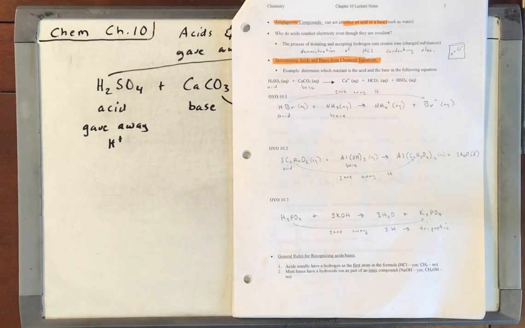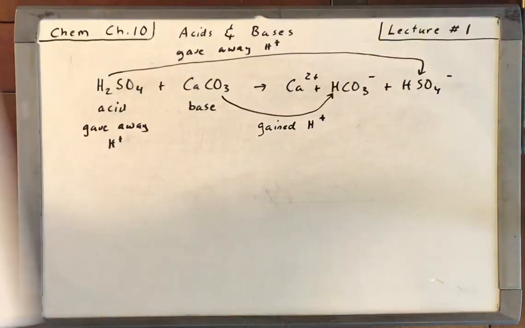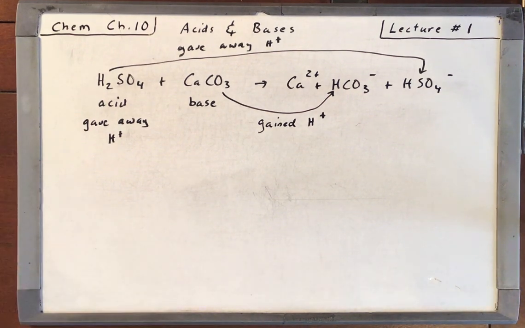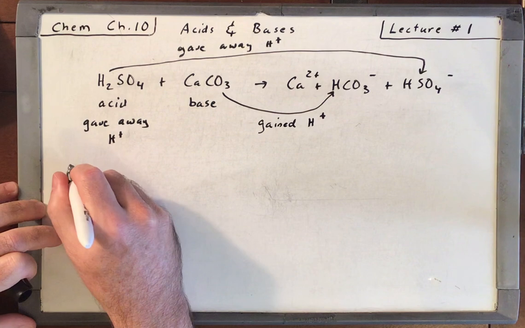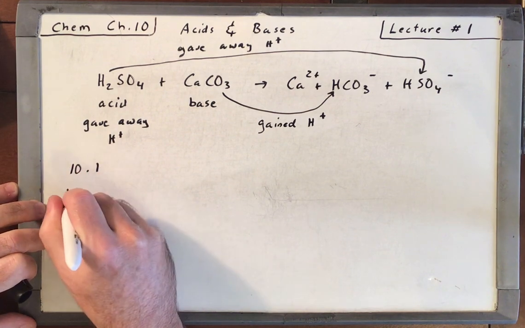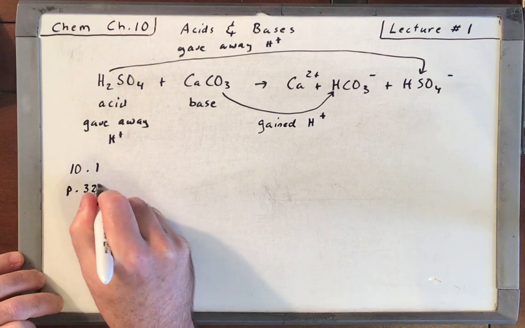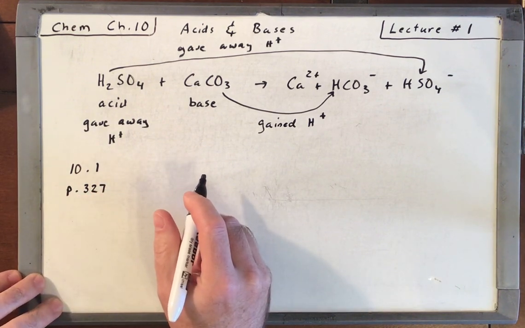What we're going to do is write these equations out and figure out which one is the acid and which one is the base. So 10.1, look at us, we're already on page 327. It says determine the acid and the base.